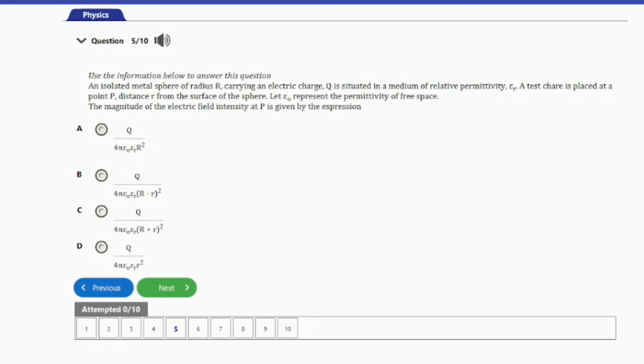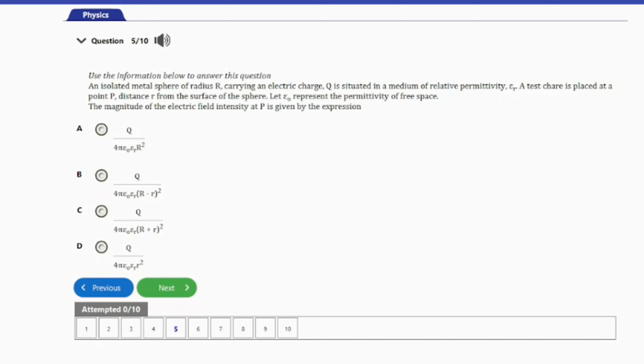The magnitude of the electric field intensity at P is given by the expression: A, Q over 4 pi epsilon naught epsilon r R squared. B, Q over 4 pi epsilon naught epsilon r into R minus r, all to the power of 2. C, Q over 4 pi epsilon naught epsilon r into capital R plus small r, all to the power of 2.